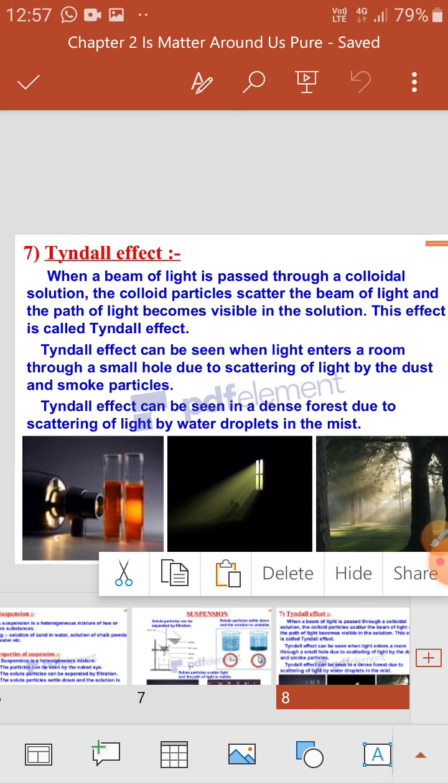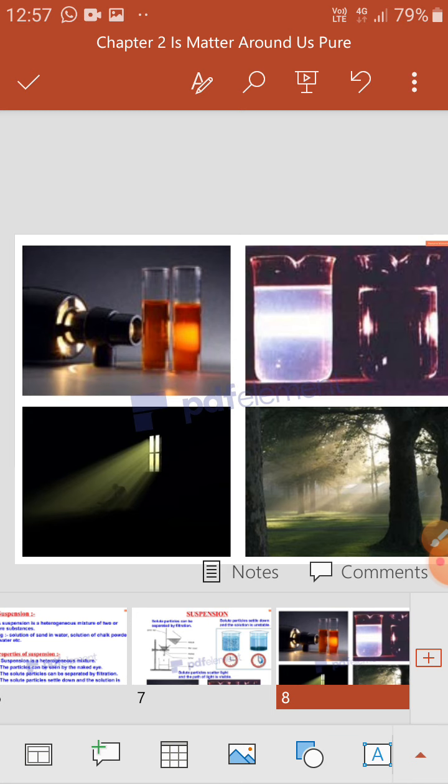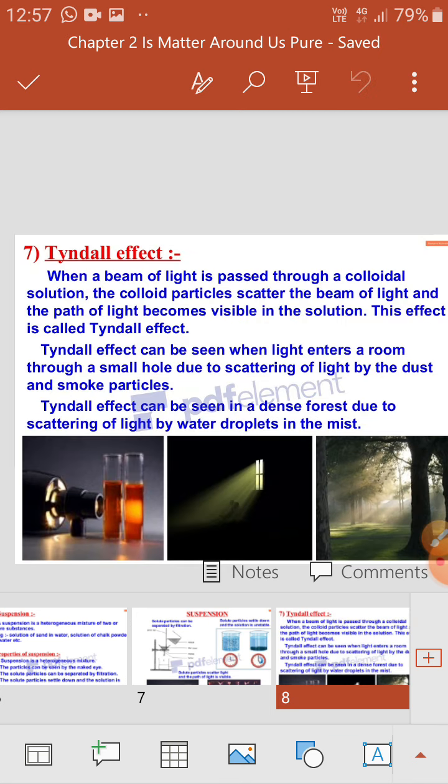The Tyndall effect can be seen when light enters a room through a small hole, due to scattering of light by dust and smoke particles. It can be seen in a dense forest due to scattering of light by water droplets in the mist. So what does this mean? How does the Tyndall effect happen? How is this path of light visible?